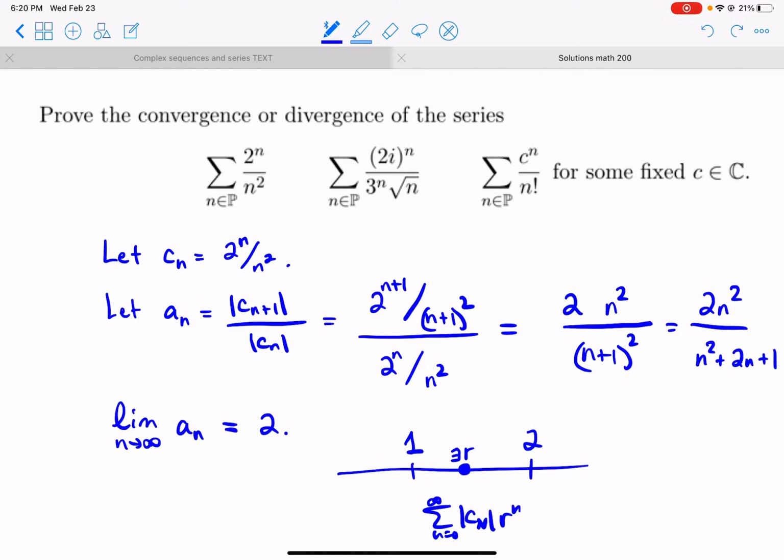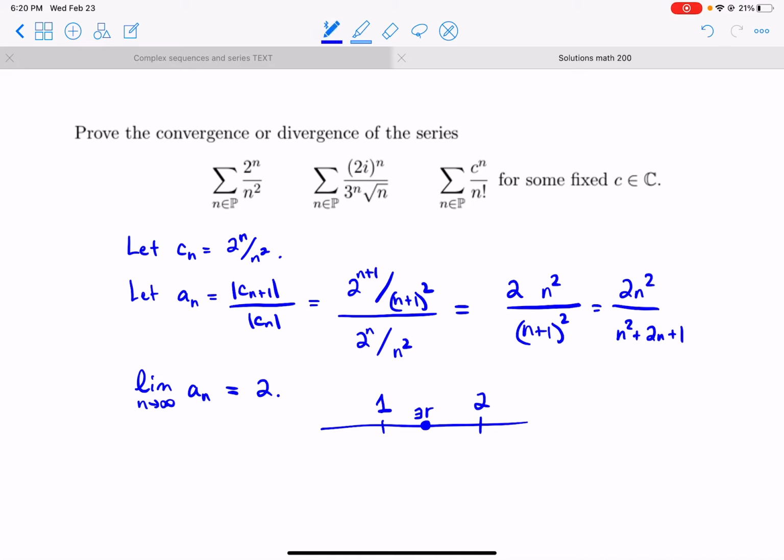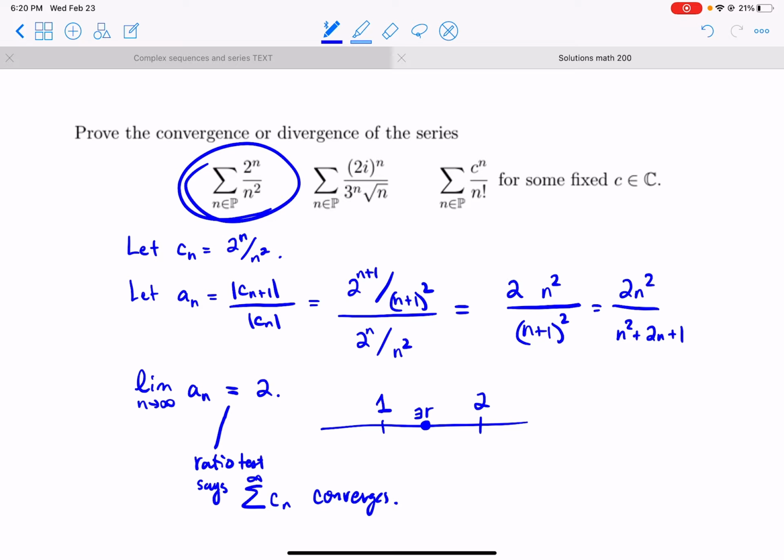But anyway, long story short, because of this limit being greater than 1, the ratio test says that the original series, not this sequence, diverges.